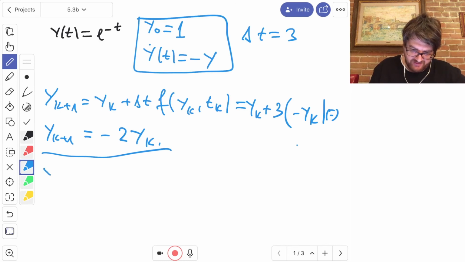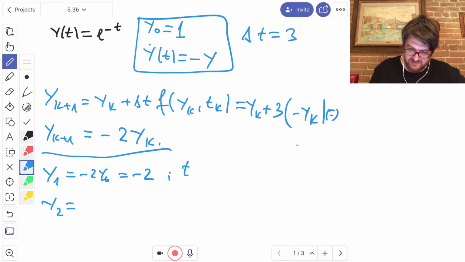So y1 is going to be minus 2 y0, which is minus 2. Again, this is for t1 equals 3, t2 equals 6, t3 equals 9 and t4 equals 12. I want to do it for all of them.